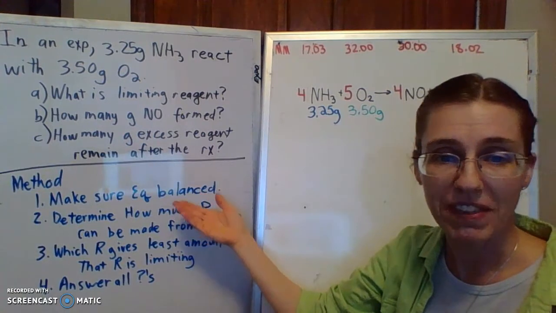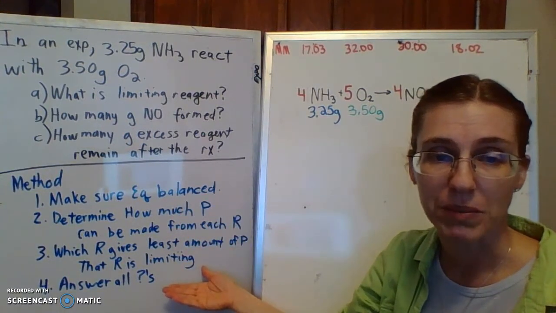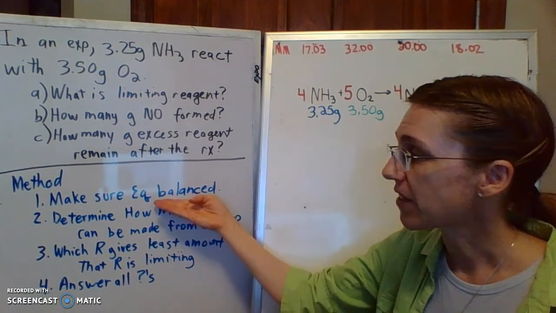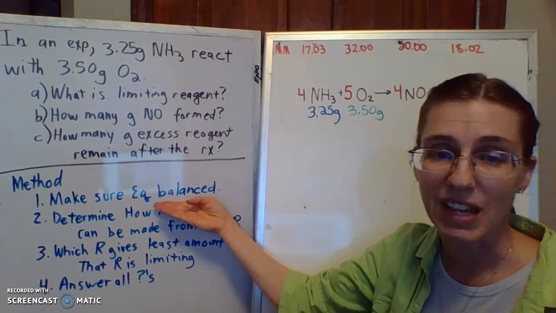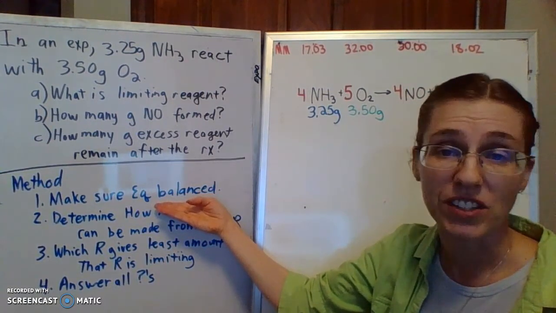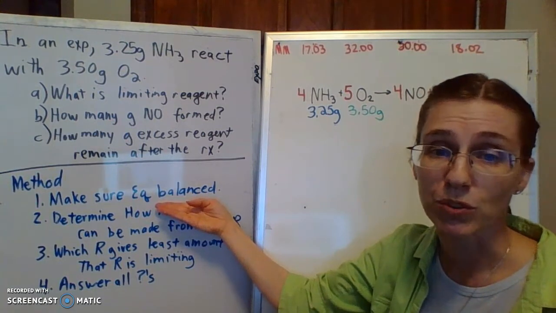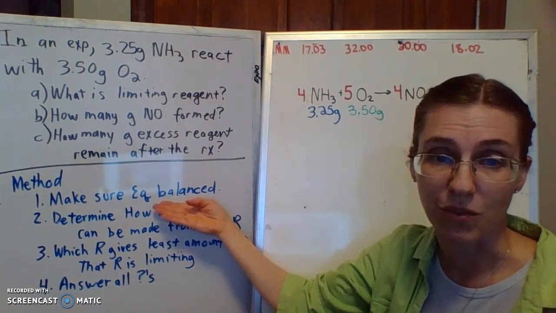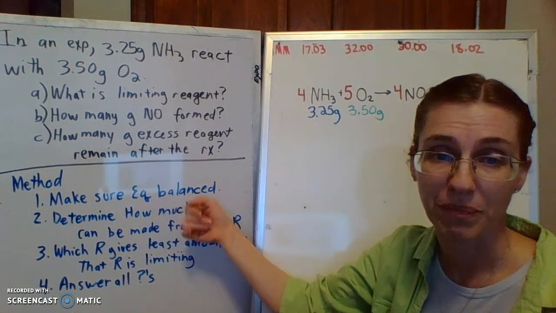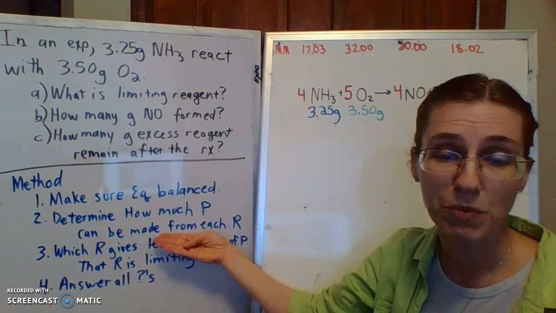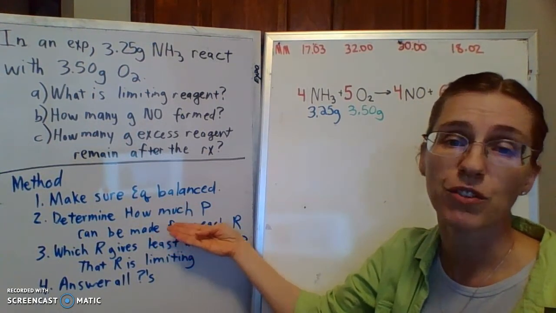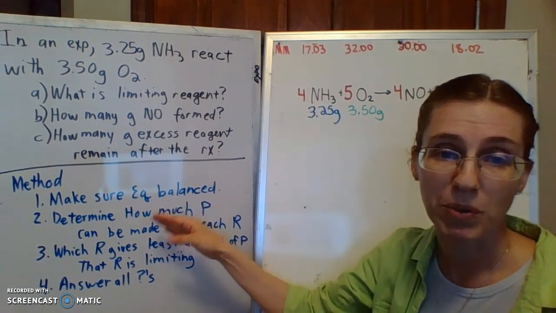So we're going to use this method to do all of our limiting reagent problems. We're going to start off with making sure we've got a balanced chemical equation. If that equation is not balanced, none of our molar ratios are going to be right. So number one, balance that chemical equation. After that, we're going to determine how much product we can get from each of the reactants, with separate calculations.